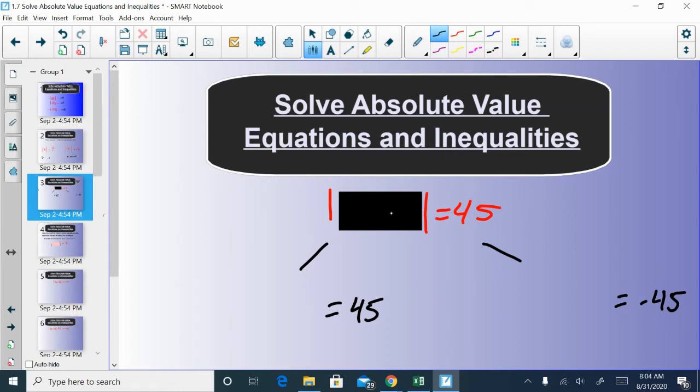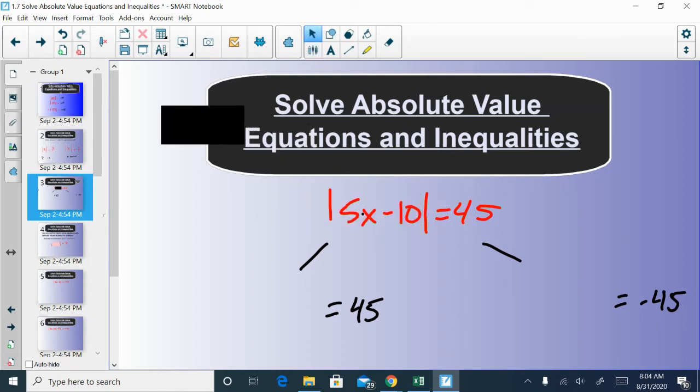Or if whatever is in here is equal to negative 45, I would take the absolute value of it, and you get 45. So what does happen to be in there? Well, it's 5x minus 10.